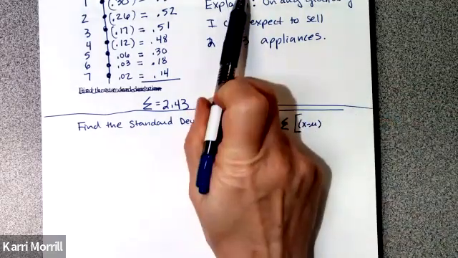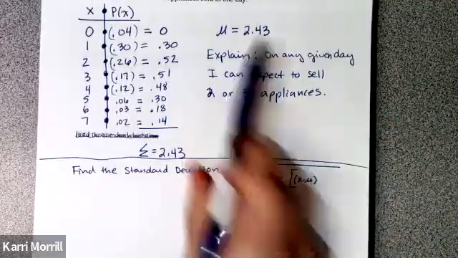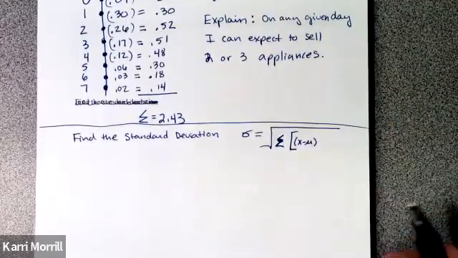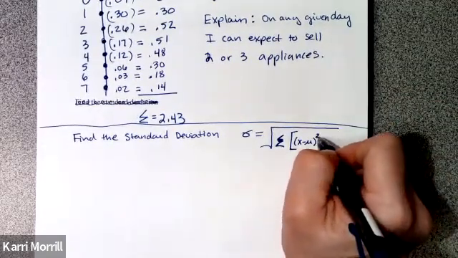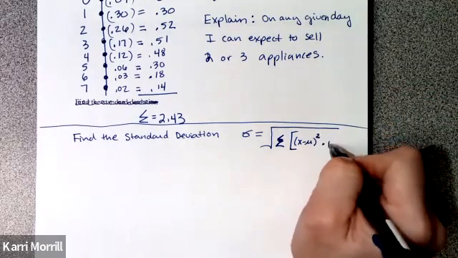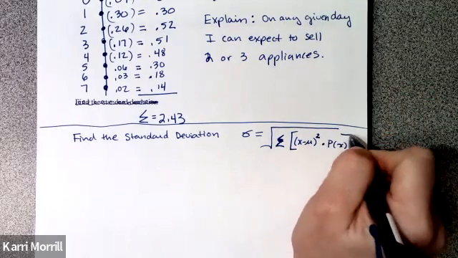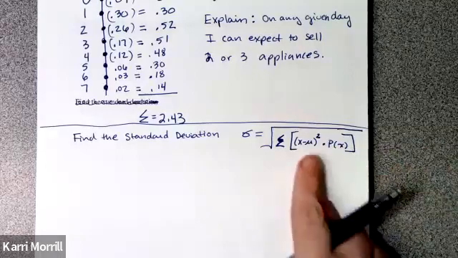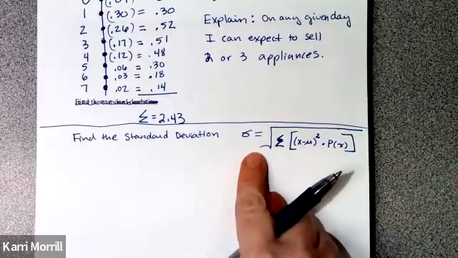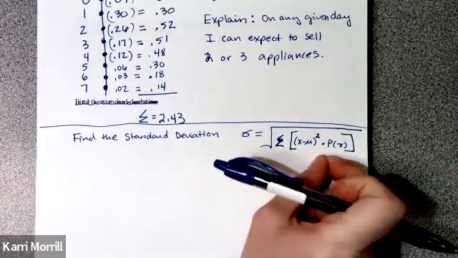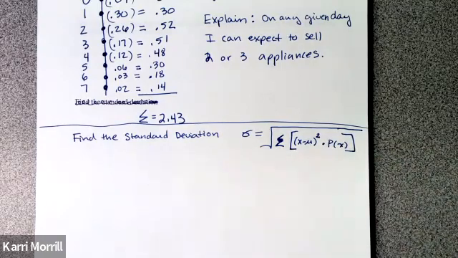So you just found the mu up there. So that's going to be in every single problem that we do. And then you're going to square that and take it times your probability. So we're going to do all that math, then we're going to add it, then we're going to take the square root of it, kind of work our way inside out of this.